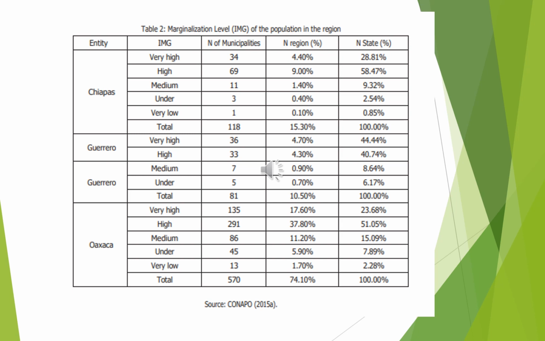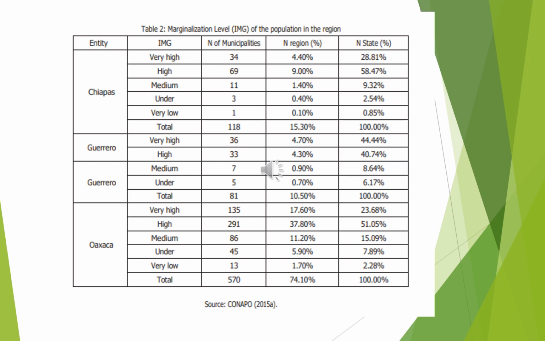393 municipalities, that represent 51.1%, had a high IMG; 104, 13.5%, medium IMG; 53 municipalities, equal to 6.9% of the total, low IMG; and 14, 1.8%, very low IMG.